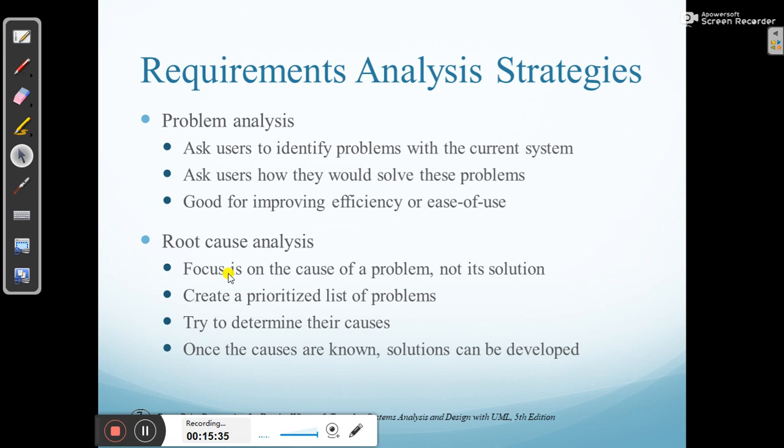Means there might be sub problems associated with your main problem, and you need to prioritize which need to be solved first, which need to be solved last. In that way, you need to prioritize your problems and try to determine their causes. If you make a list of sub problems, you need to find out their causes also. Once the causes are known, solutions can be developed.